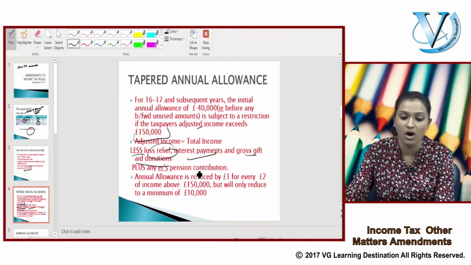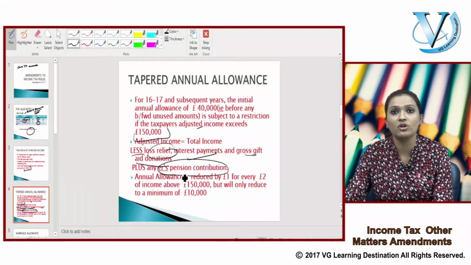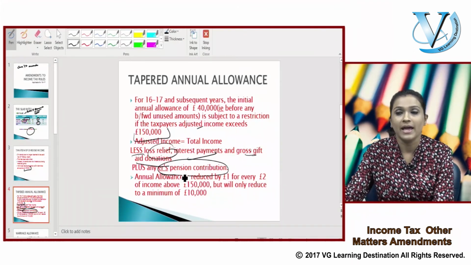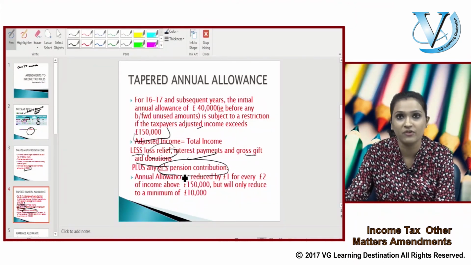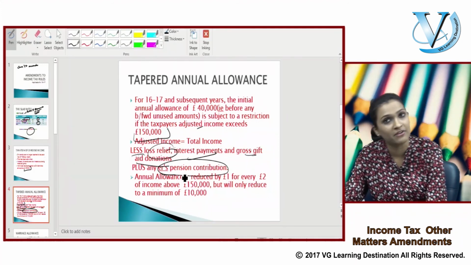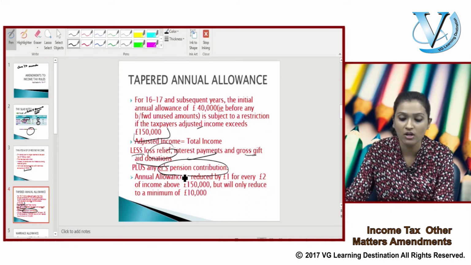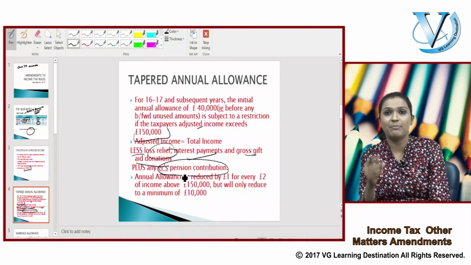And you add any employer's pension contribution. Then you need to find out what the threshold level is. Is it above or below £150,000? So this is how you need to calculate your tapered annual allowance.